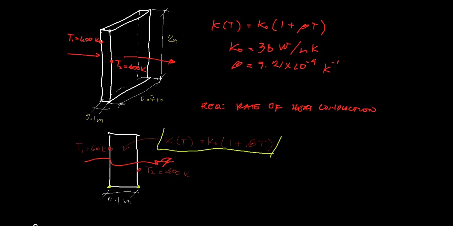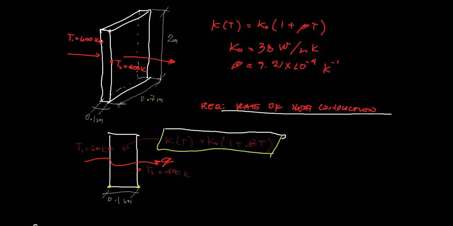Once again, we have this problem, and we need to determine the rate of heat conduction through this bronze plate, given these dimensions and surface temperatures plus the thermal conductivity of the bronze plate.